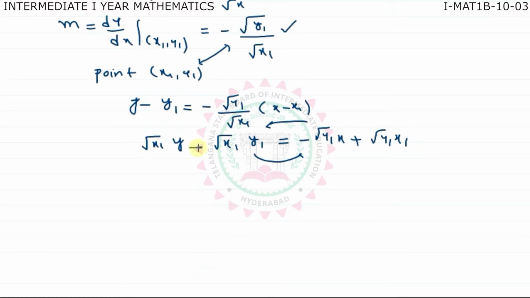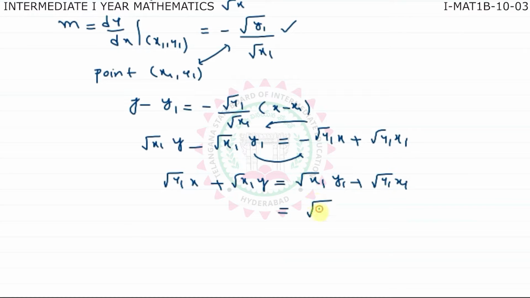You will get root y1 x plus root x1 y is equal to root x1 y1 plus root y1 x1.